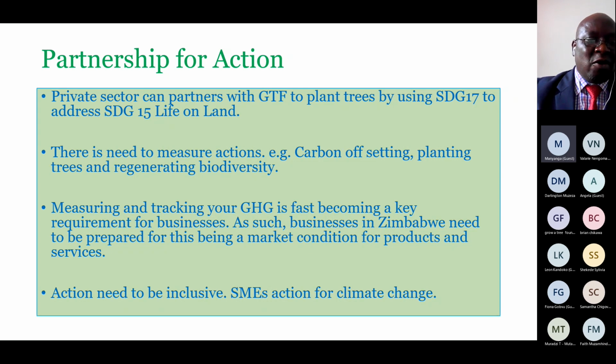And lastly, if you look at our climate activities in Zimbabwe, a lot of these are targeted within rural communities, and yet a lot of the emissions are coming from businesses. Some of them are small businesses, your SMEs. What action are we taking, or what program do we have for SMEs on climate change?